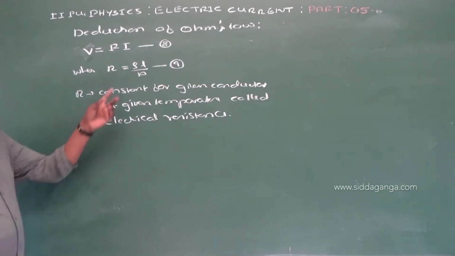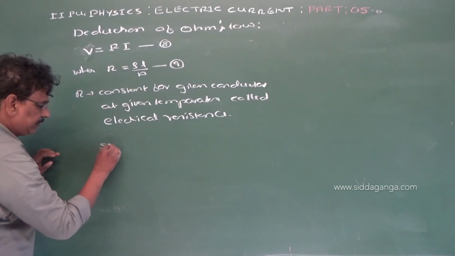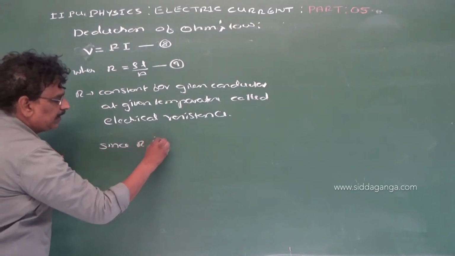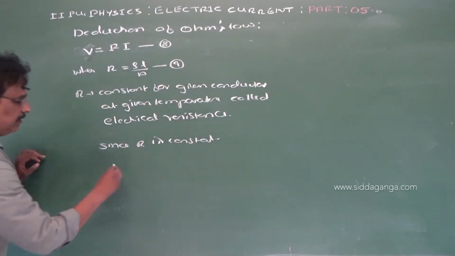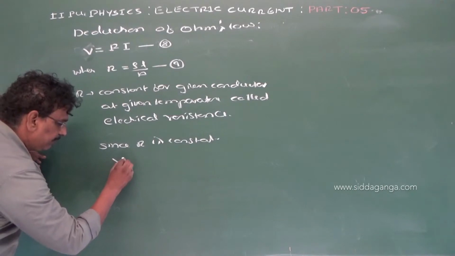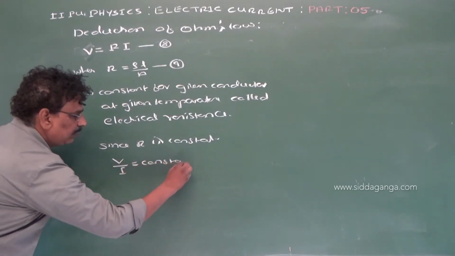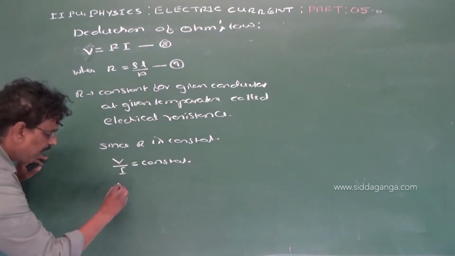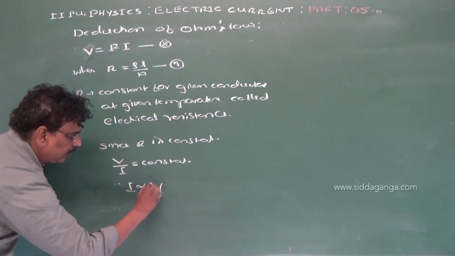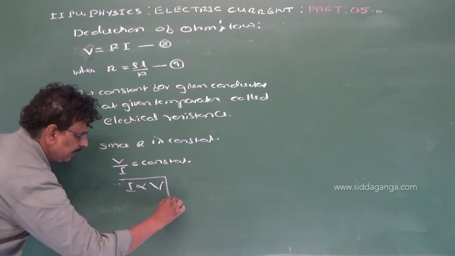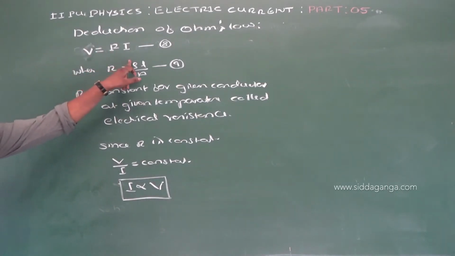Now, from this equation, since R is constant, we can write V by I is equal to constant, or I is directly proportional to V. So from this equation, V is equal to IR.